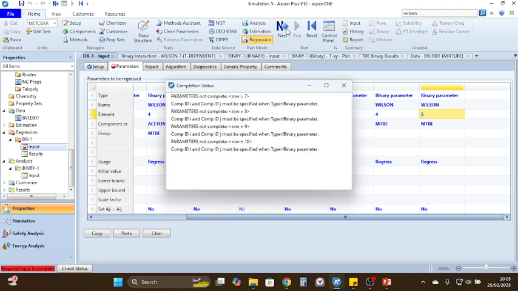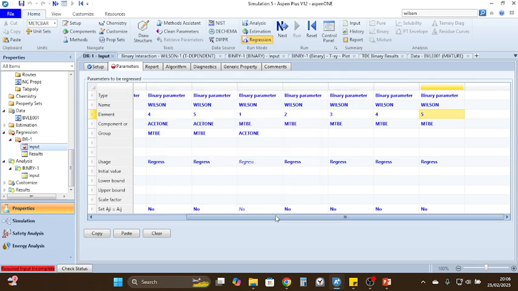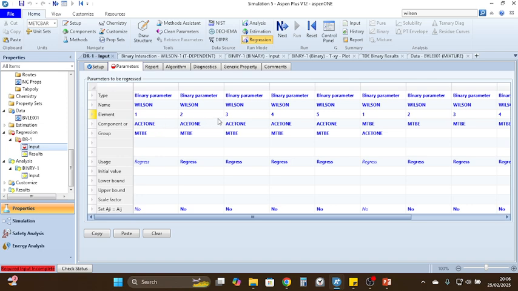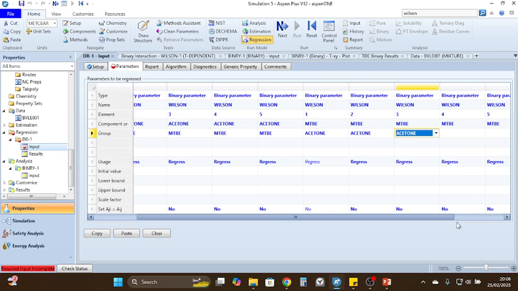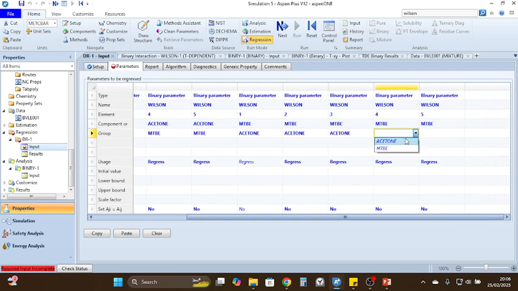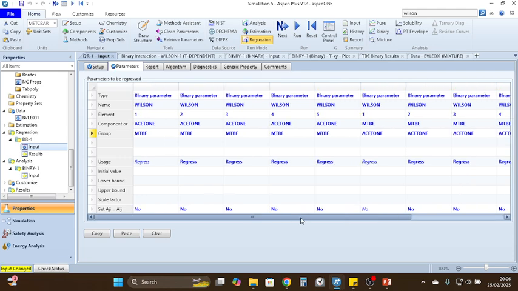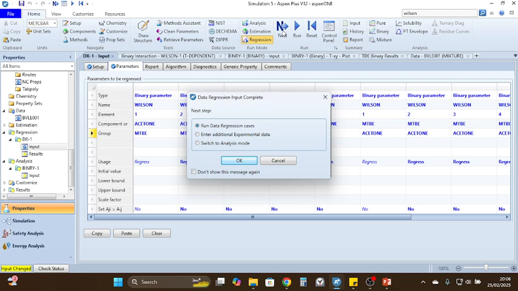Now we are clicking on next. So we have to select acetone over here. Now you can see that the input is changed. We are going to click on next.